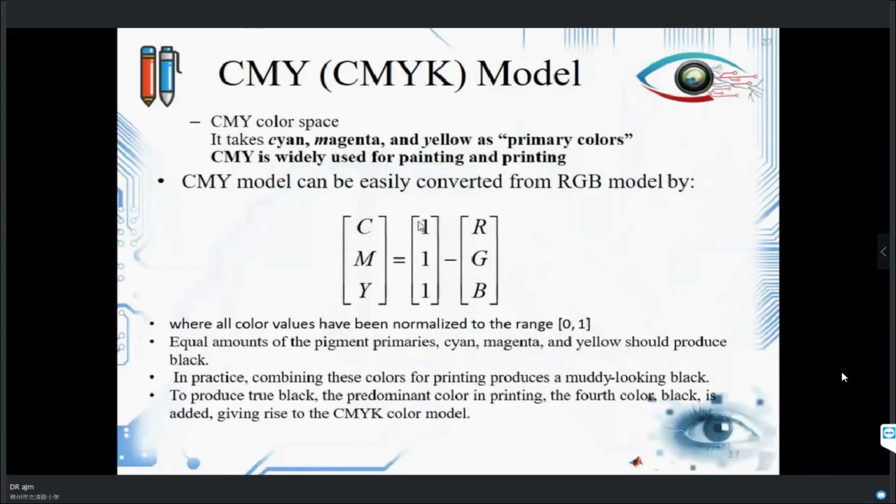In practice, combining the colors for the printing procedure produces a muddy looking black. If we want to produce the true black, the predominant color in printing, a fourth color black is added, giving rise to the CMYK color model.